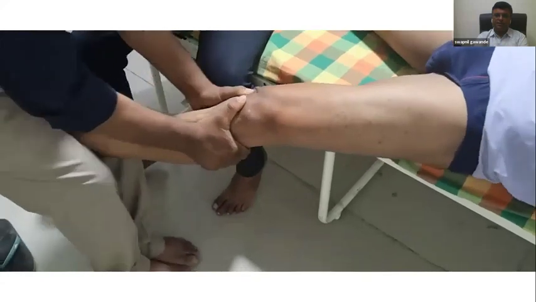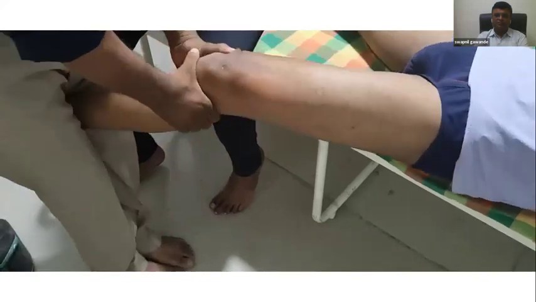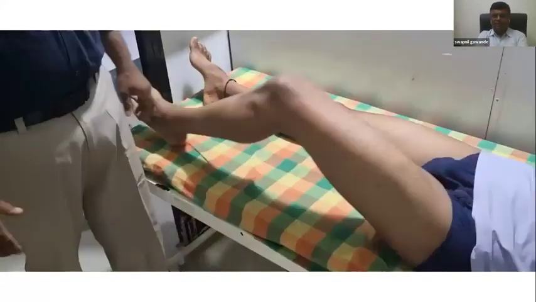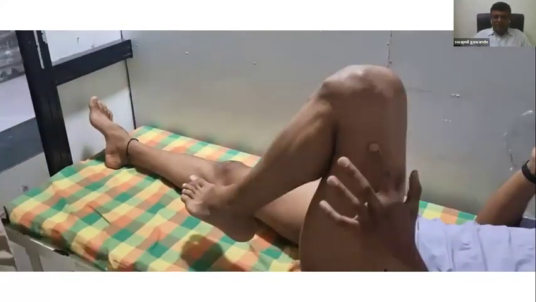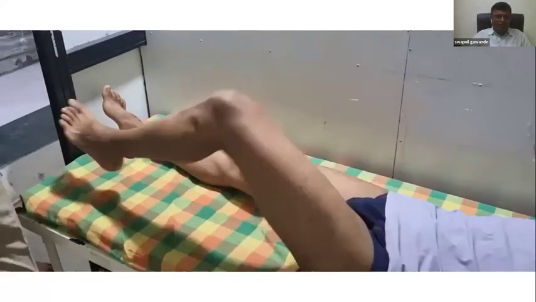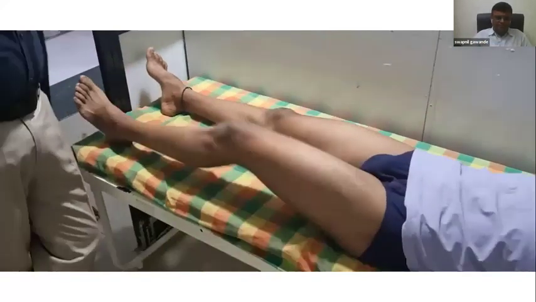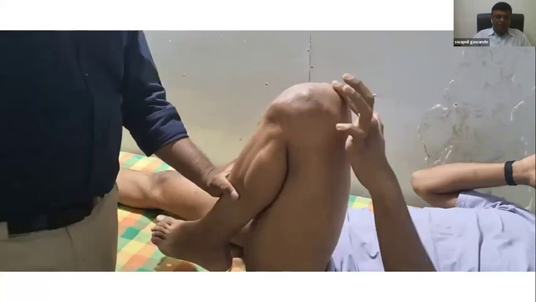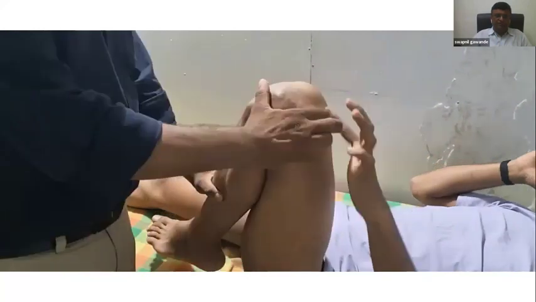He is telling that he is having pain and now medial aspect adjustment, lateral aspect adjustment. And now you can see that he is more comfortable with flexing the knee. He is telling now the pain is only 2 out of 10. Now you can see that complete flexion has been achieved. And he is telling that there's still some pain there.